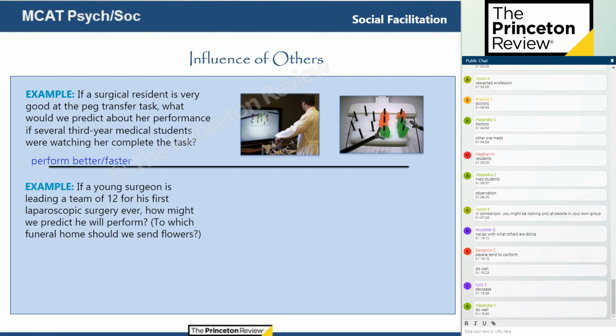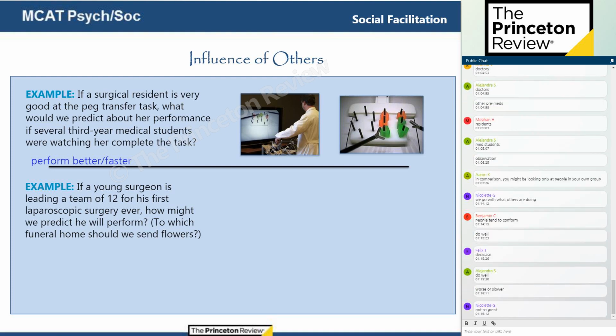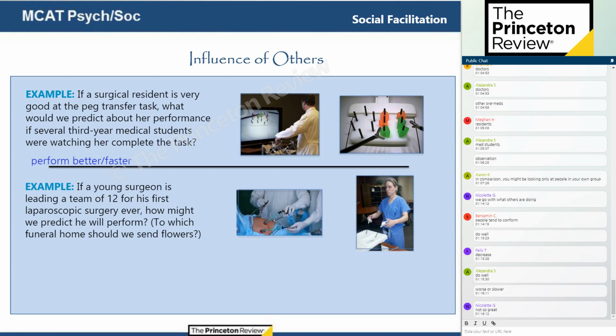On the other hand, if we've got a surgeon who's leading a team of 12 and this is his very first laparoscopic surgery ever, how do you think he's going to perform? Not so great. Yeah, we got a kind of sarcastic question afterwards, what funeral home gets the flowers?